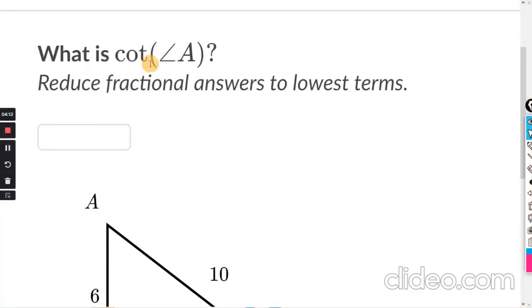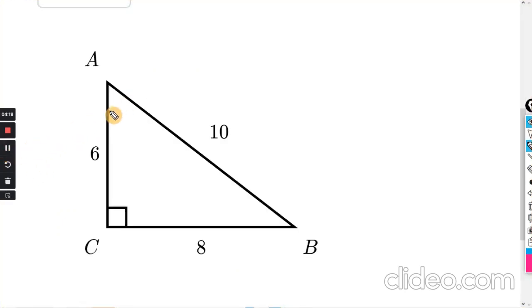Here we're looking for the cotangent of angle A. Let's go to angle A. Label angle A, just draw the angle symbol, and label the side lengths in reference to angle A. The side across from A is going to be your opposite.